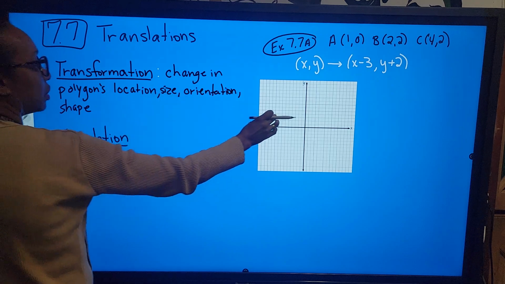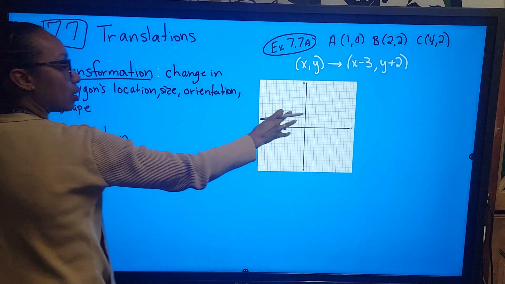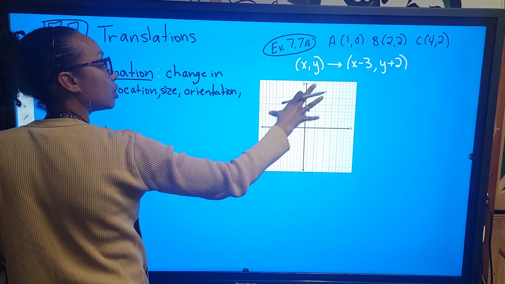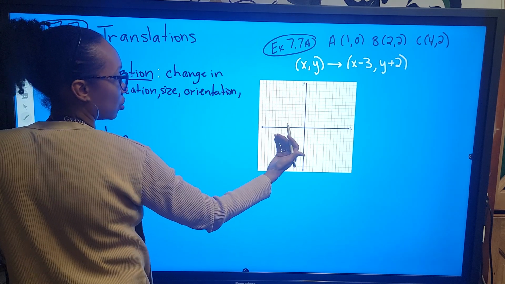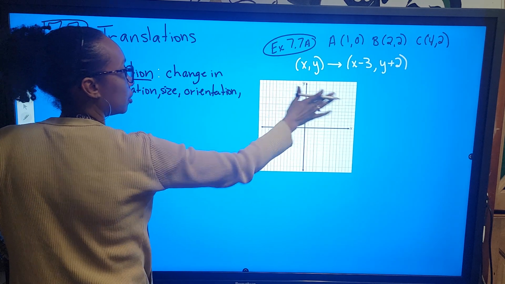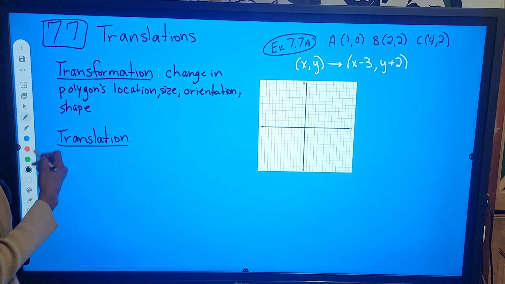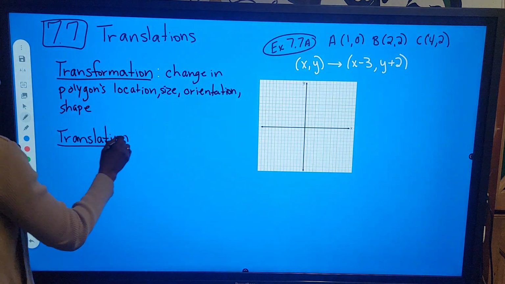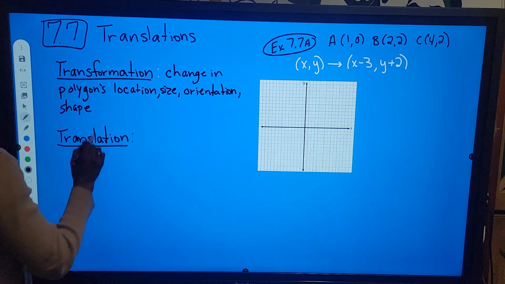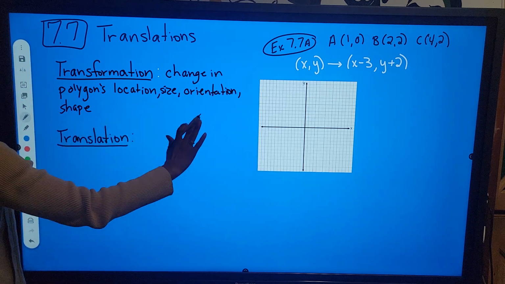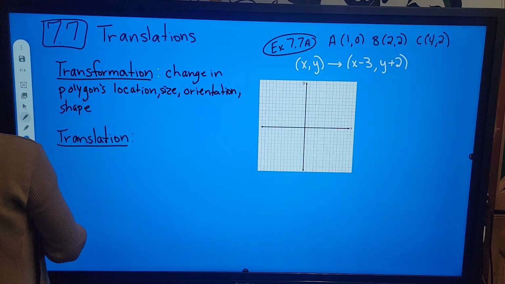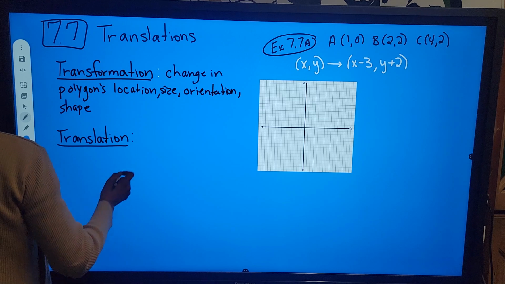So again, that would be like a triangle on our coordinate plane. If I make it bigger or smaller, or I turn it, or I flip it over, or I move it from here to here, all of those would be examples of transformations. Today we're going to talk about a translation, which is simply a slide. I would say the best way to describe it is like sliding the polygon from one location to another.